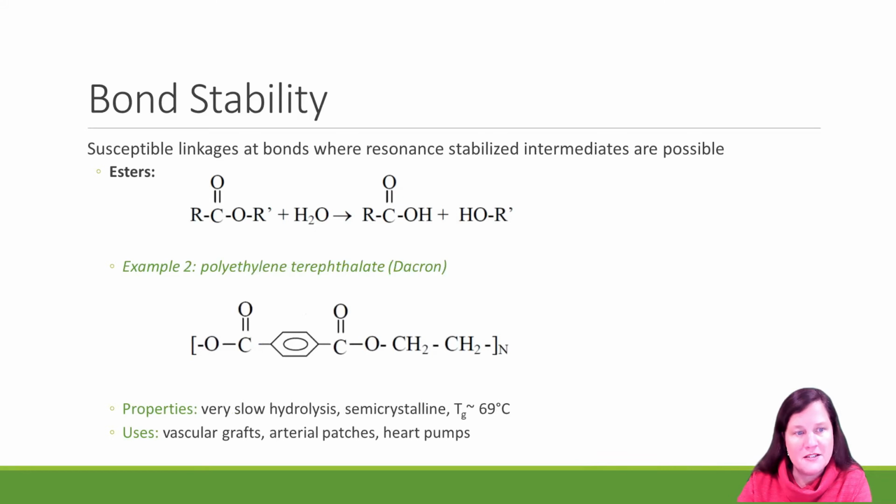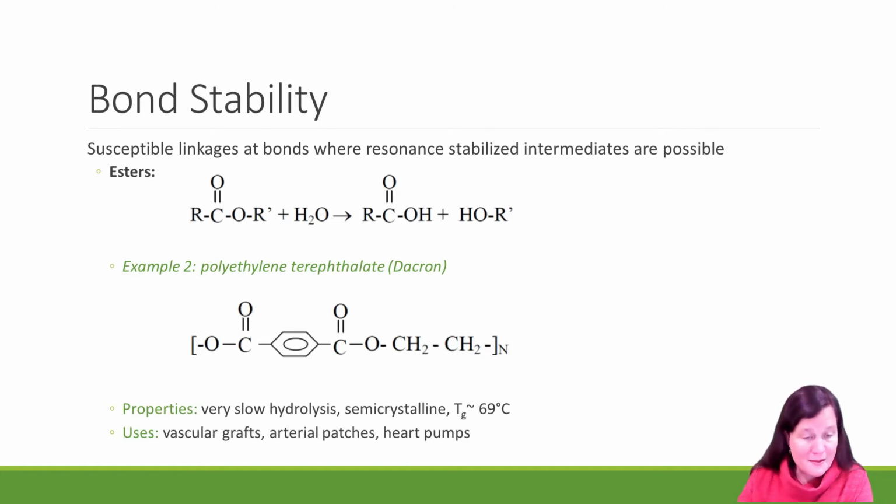In contrast, if we look at PET, polyethylene terephthalate, its trade name is Dacron. Because this has an aromatic ring, that ring brings a lot of hydrophobicity right next to the ester groups. This material does not appreciably degrade in the human body.